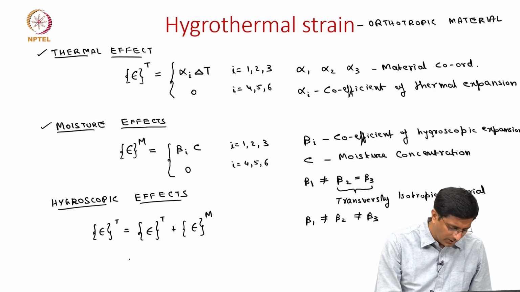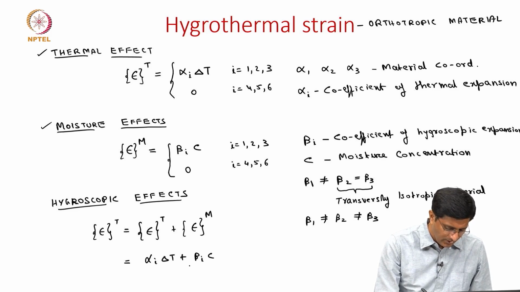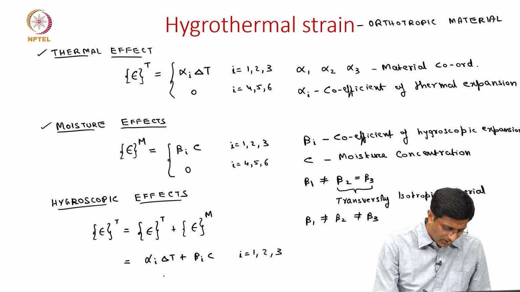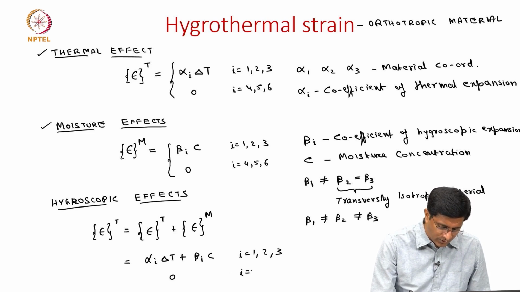Which can be written as alpha I delta T plus beta I times C when I equals 1, 2 and 3, and is equal to 0 when I equals 4, 5 and 6.